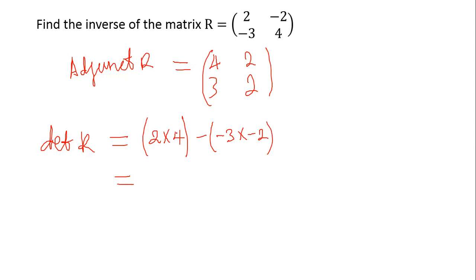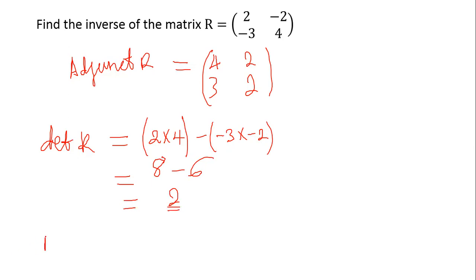So 2 times 4 is 8. And we subtract -3 times -2, which is +6. So this will give us 2.